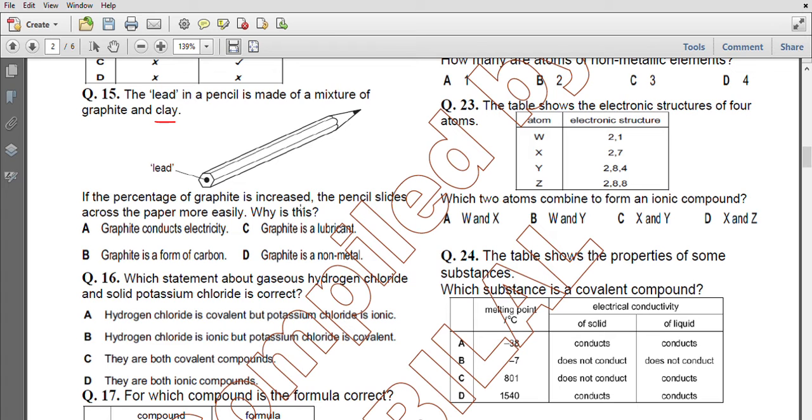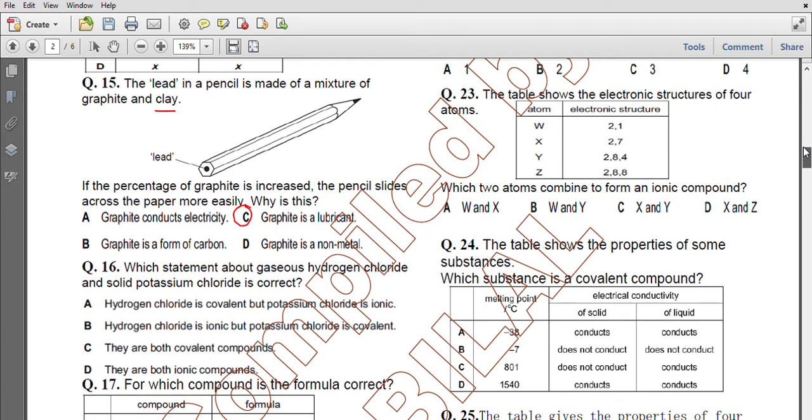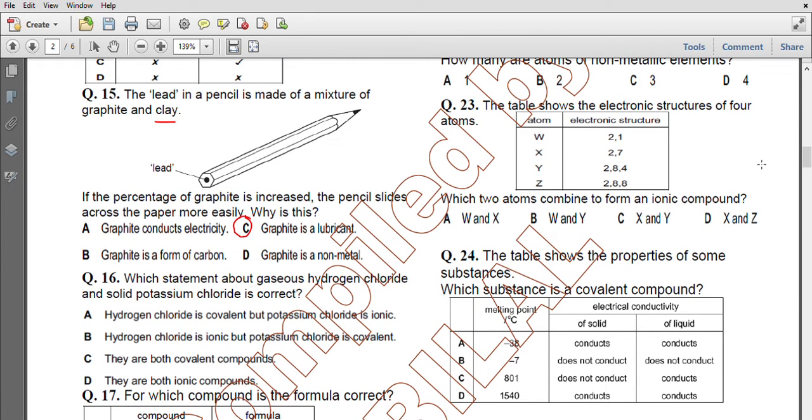We can say that graphite has layers in its structure and those layers can slide over each other, that is why graphite acts as a lubricant. The reason is the regular arrangement of the layers with weak forces of attraction, so those layers can slide over each other, making graphite a lubricant.